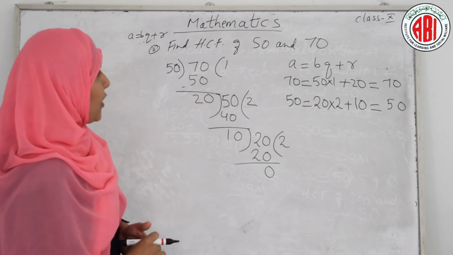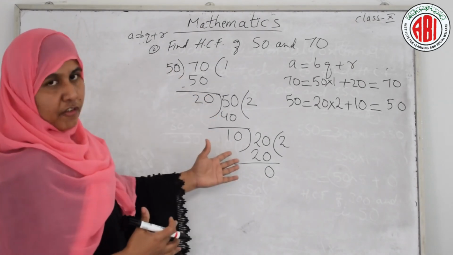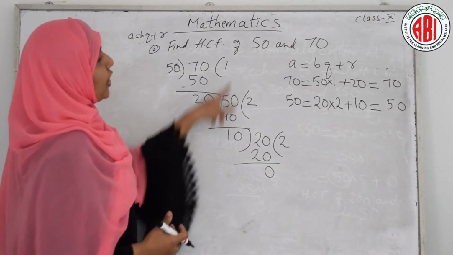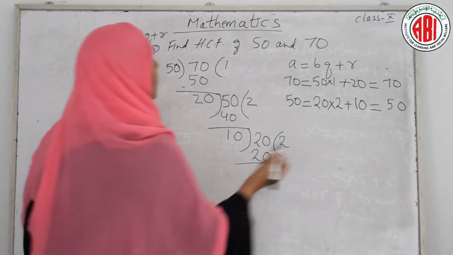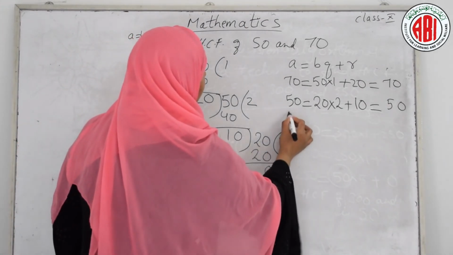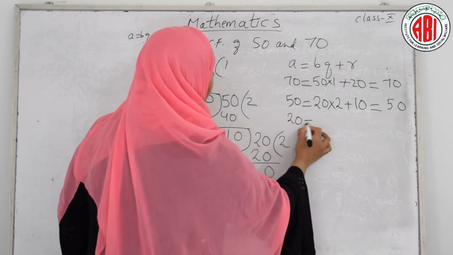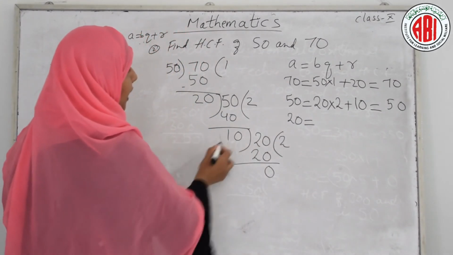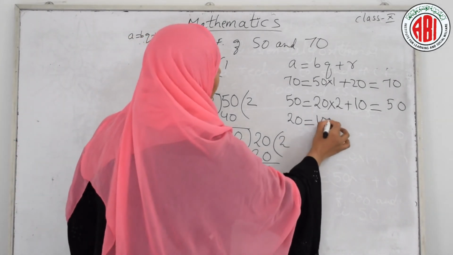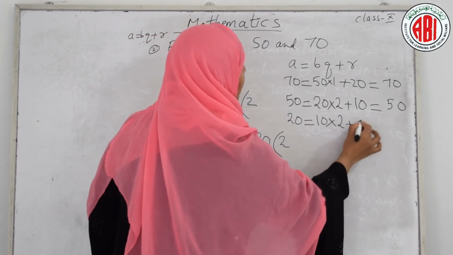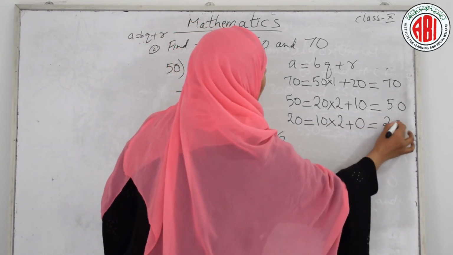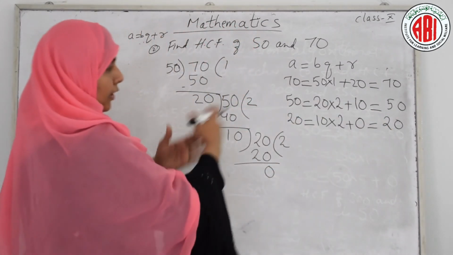Can you tell what is the HCF here? Just looking at this division method, we can say 10 is the HCF of 50 and 70. We will write based on this method, A is 20, equals B is 10 into Q, quotient 2, plus remainder 0. 10 into 2 is 20, so it is satisfied.